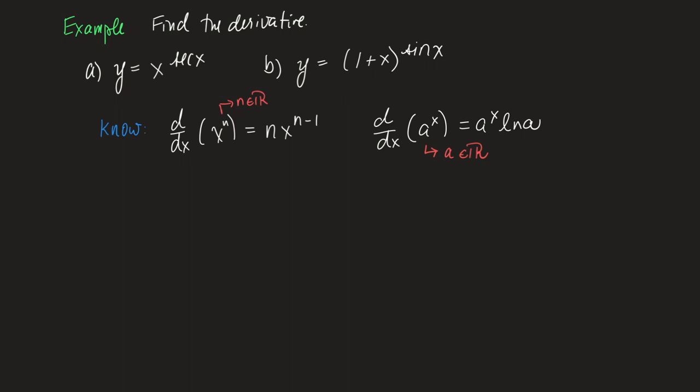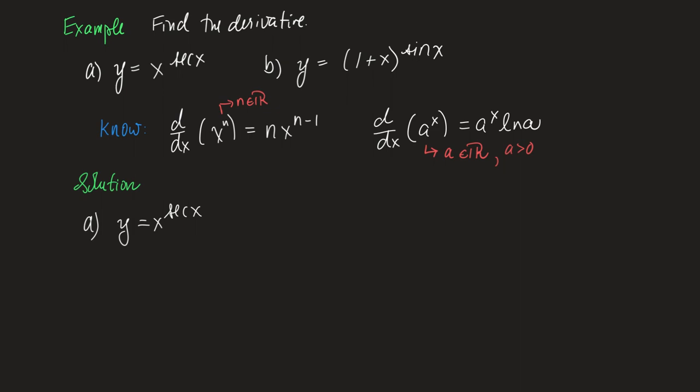And here a is greater than 0. But we're trying to find the derivative of x to the secant x, and it doesn't fall into either category, right? Like neither of these are constant functions. So we have to be careful here.